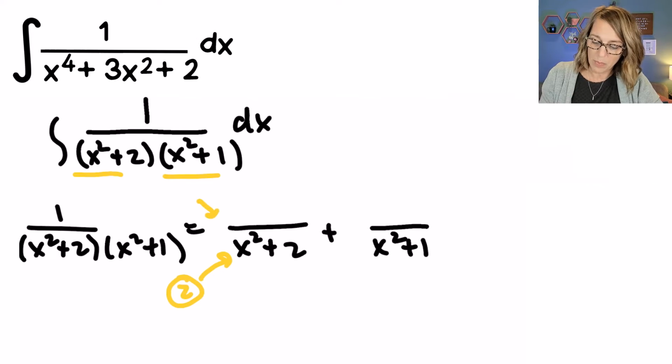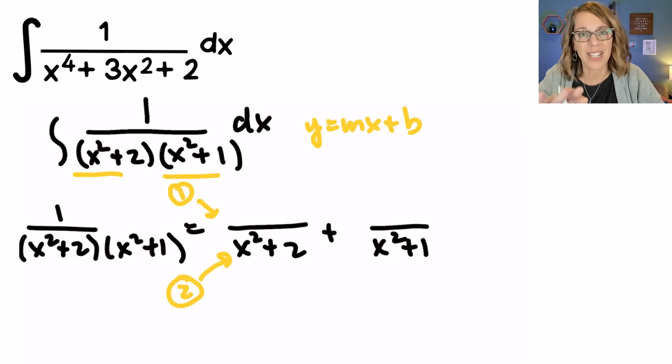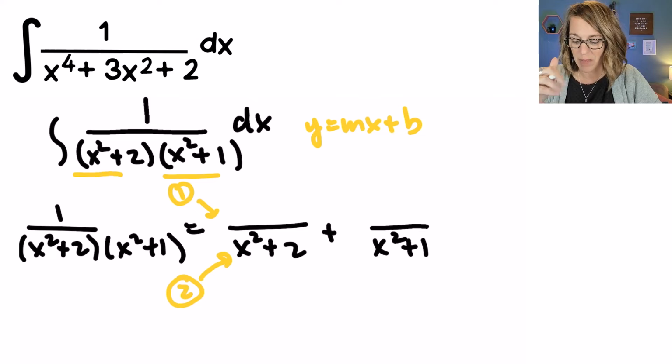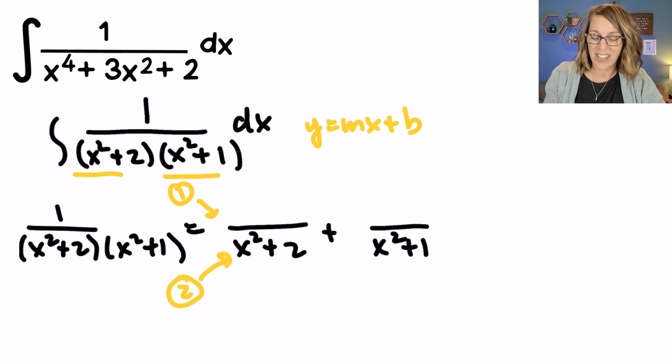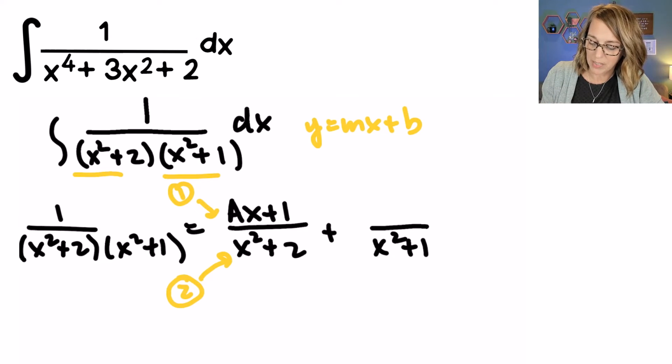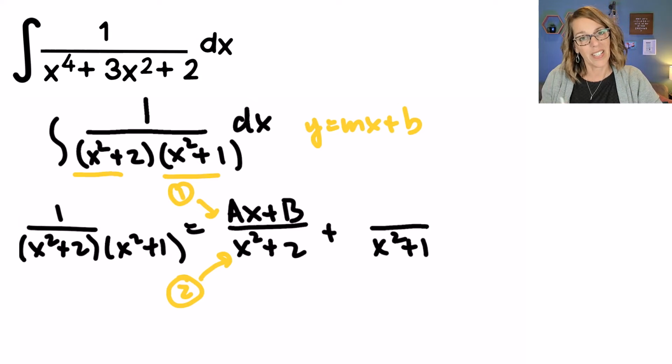Well, degree 1 would be linear, like y equals mx plus b, right? That would be linear or degree 1. But in order to put this together in terms of my template, I'm going to use those capital letters for our coefficients. So that first linear numerator is going to be Ax plus B, and that second linear numerator is going to be Cx plus D.